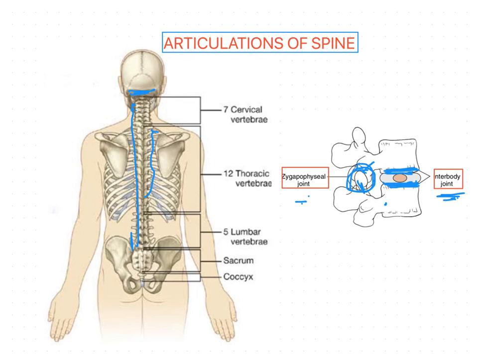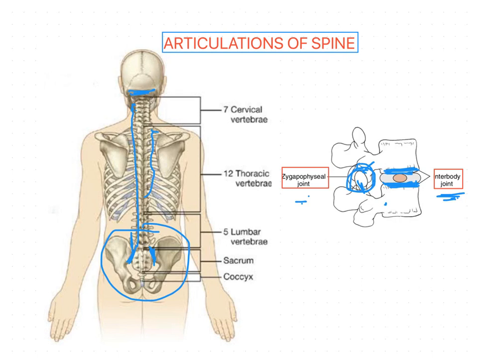And another one, the vertebral column articulates with the pelvis at the sacroiliac joints, which are partly synovial and partly fibrous. So these are all the articulations found in the spine.